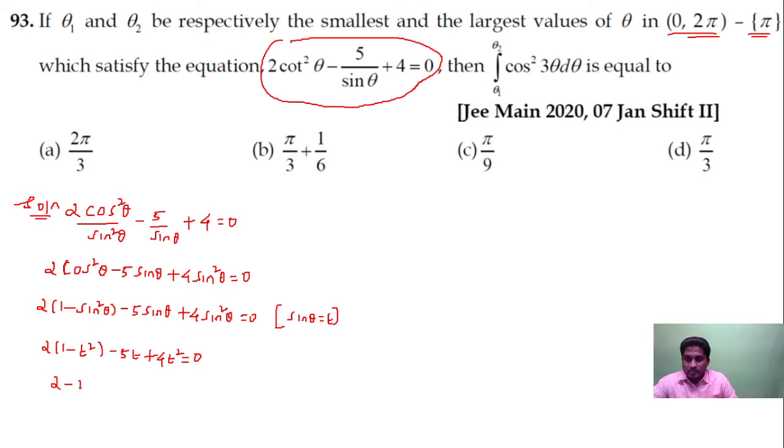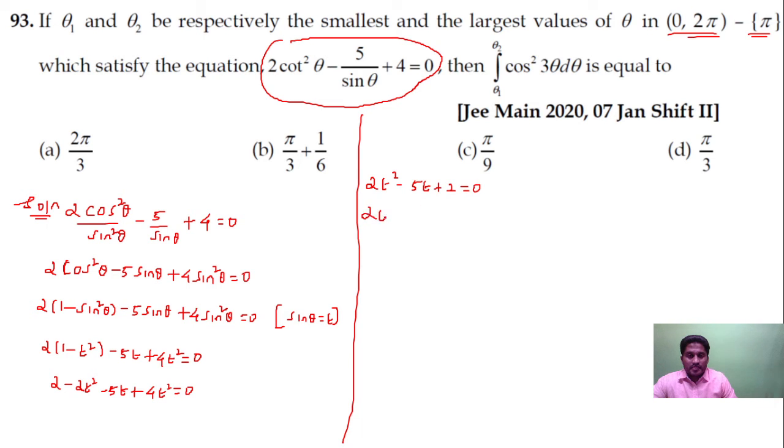So you get 2 minus 2t square minus 5t plus 4t square is equal to 0. Minus 2t square plus 4t square gives 2t square minus 5t plus 2 is equal to 0.